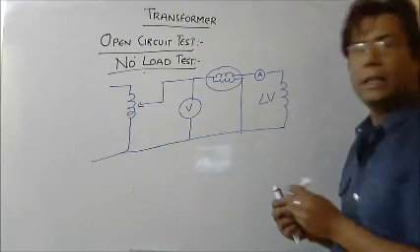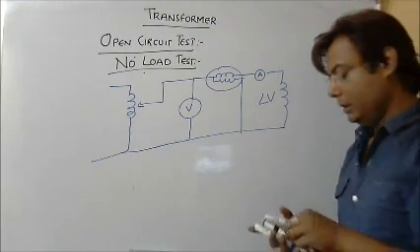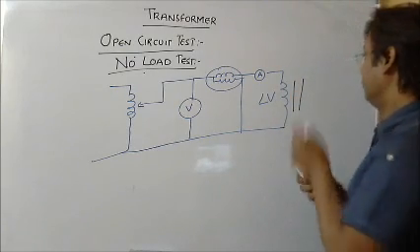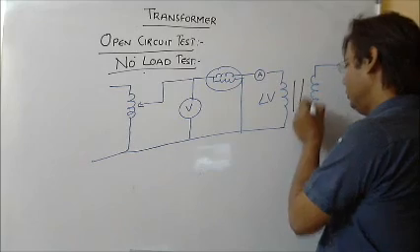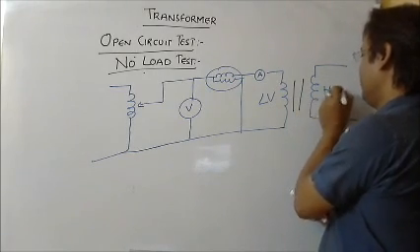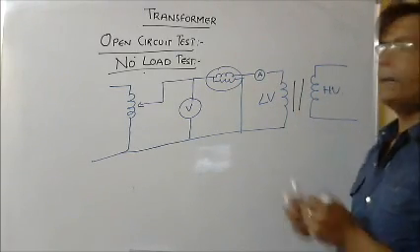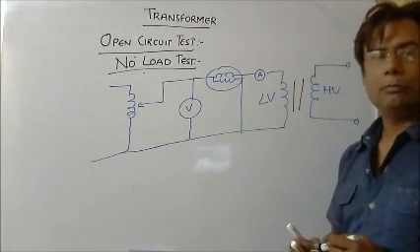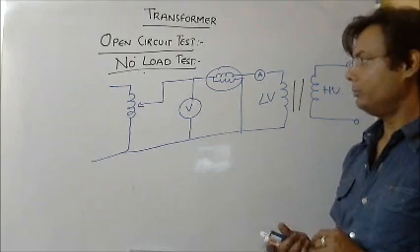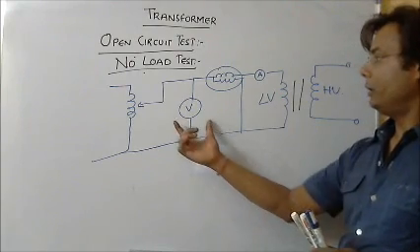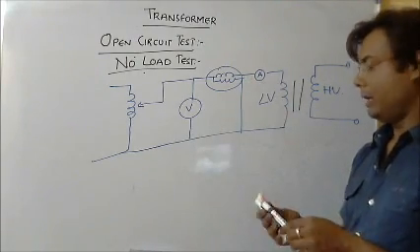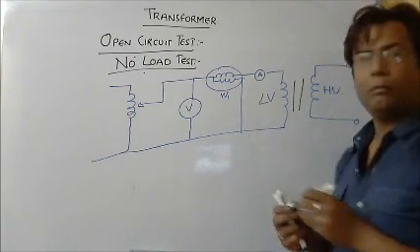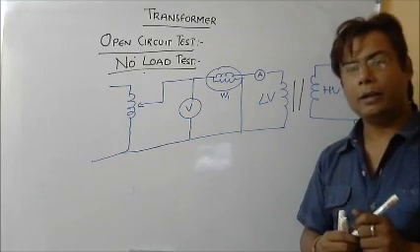This is my low voltage side. Then comes the ratio, then my high voltage side, which is left open right now. You will see that nothing is connected in the high voltage side. So the voltmeter is there, the ammeter is there, and the wattmeter W1 is there, which will be recording the total power consumed.